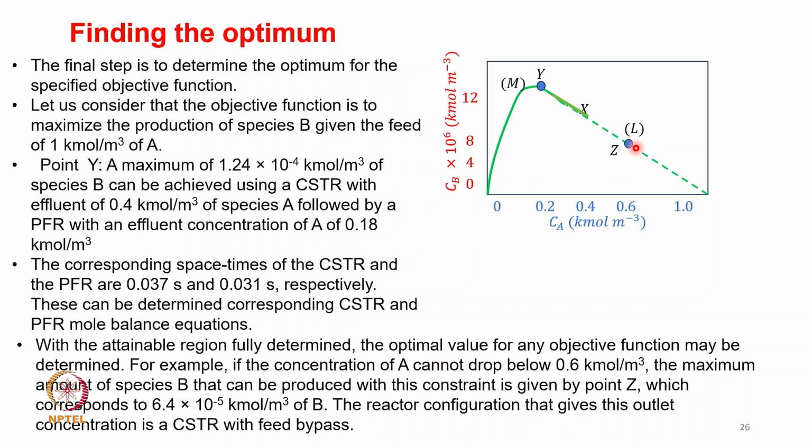So, what is this reactor configuration? Any point on this line would be a CSTR followed by a bypass of the feed. This is how you determine the sequence, the combination of which reactor you should place before or after, and what the corresponding volumes are.